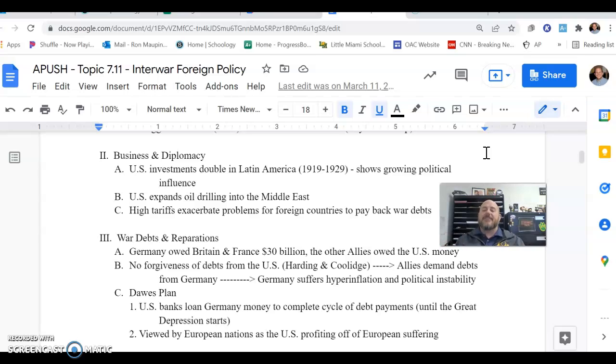To be forgiving with those debts could have helped these other countries out in the long term. So some have even viewed this as another piece in the puzzle that leads to German resentment that, of course, will boil over into the start of World War II.